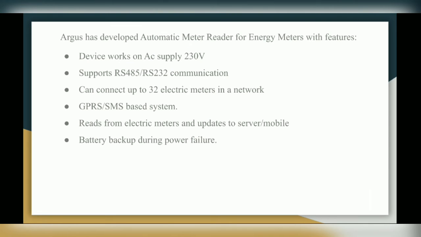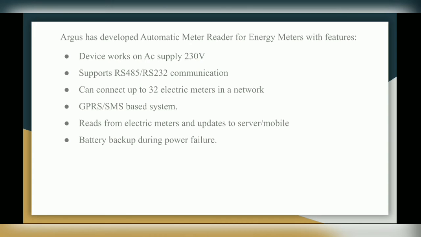Argus has developed an automatic meter reader for energy meters with features. So Argus is one of the companies which produce this smart meter. These have features like: the device works on AC supply 230 volt, supports RS485 or RS232 communication, and can connect up to 32 electric meters in a network.